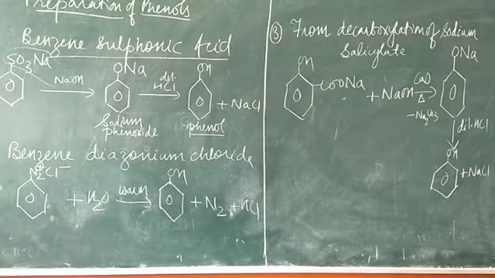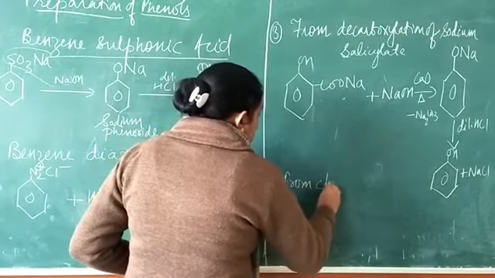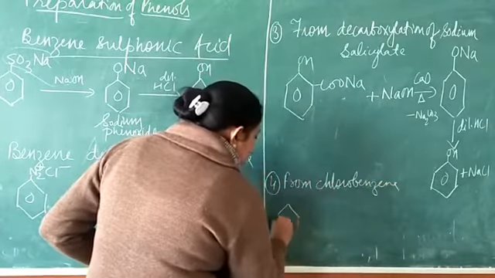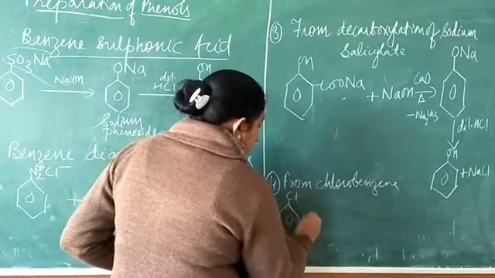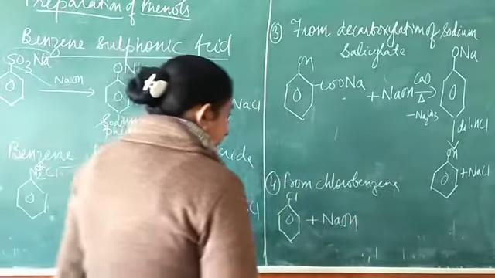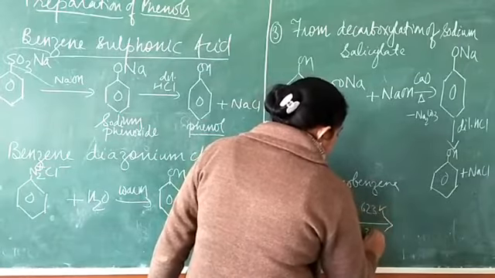In the same way, students, we can obtain the phenol from the chlorobenzene also, right? And for that, we will get the mixture treated with NaOH at 623 Kelvin and 300 atm pressure.